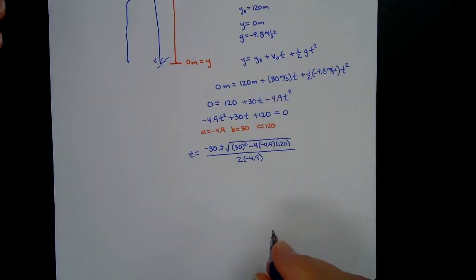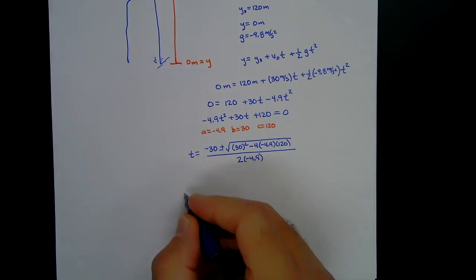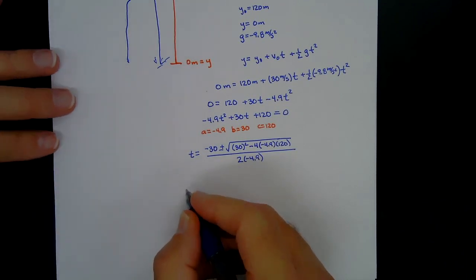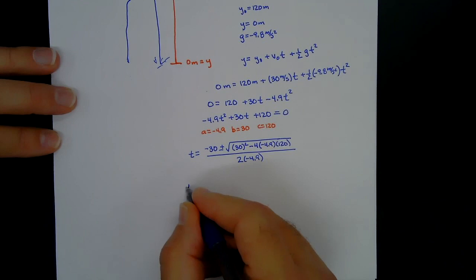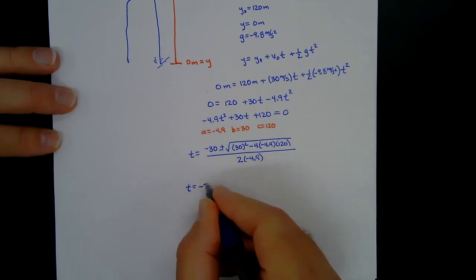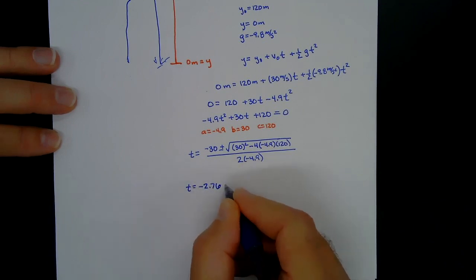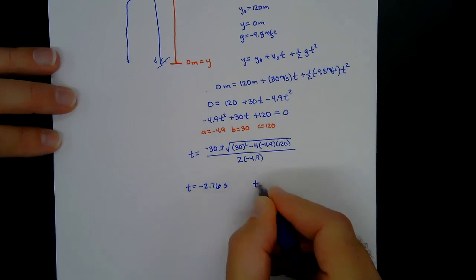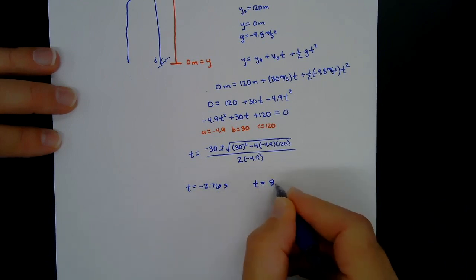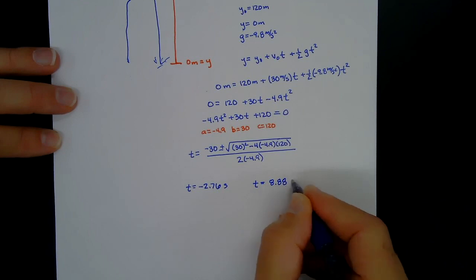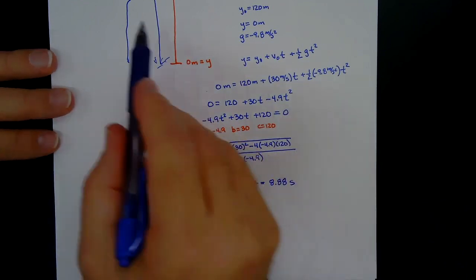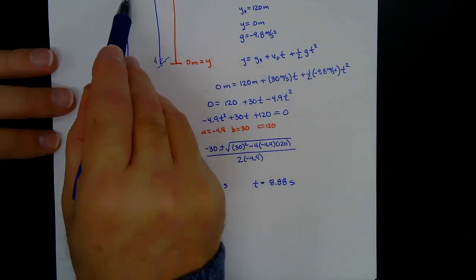So after putting this into Desmos, this gave us a value of t is equal to negative 2.76 seconds, and also t is equal to 8.88 seconds. Now, time started right here when we threw it up in the air.